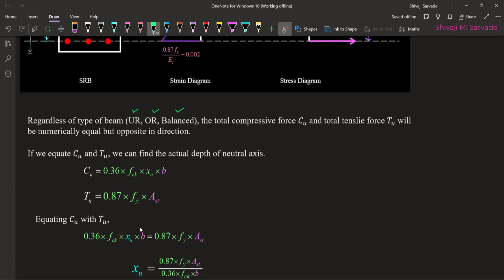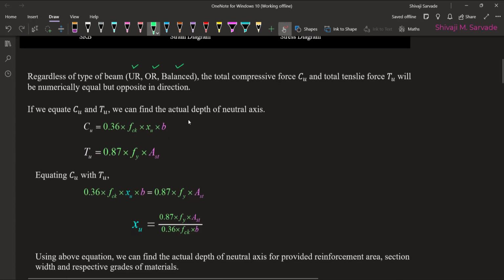Now if I equate the two, I am interested in getting this value of xu. So I'll keep xu on the left hand side and send everybody else to the right hand side. So this xu remains here, and we have 0.87 fy into Ast divided by 0.36 fck into b. So this formula gives us the depth of neutral axis for known values of fck, fy, Ast and width.